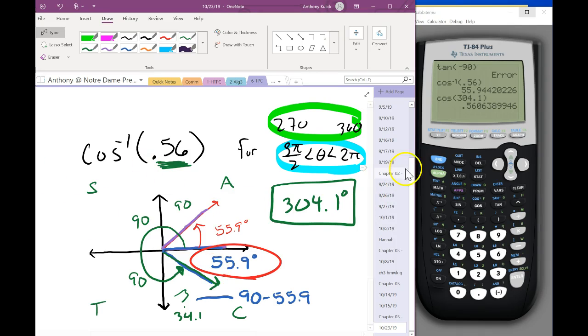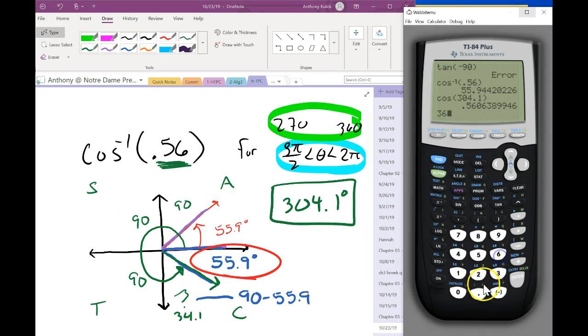Just to illustrate that, if I did 360 minus this guy, and then do cosine of that. Oh, I guess it's still rounded. Left me with a little bit of dangler there. It's a little closer, though, than the other one was. So I just showed you the reason I took cosine of the 304 at the end was just to show you that you can check your answer, right?